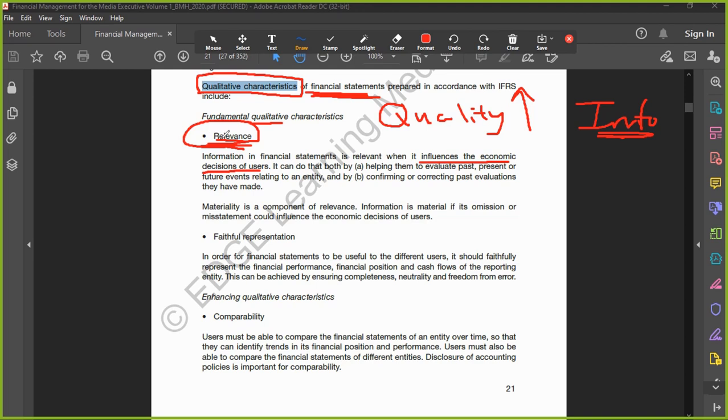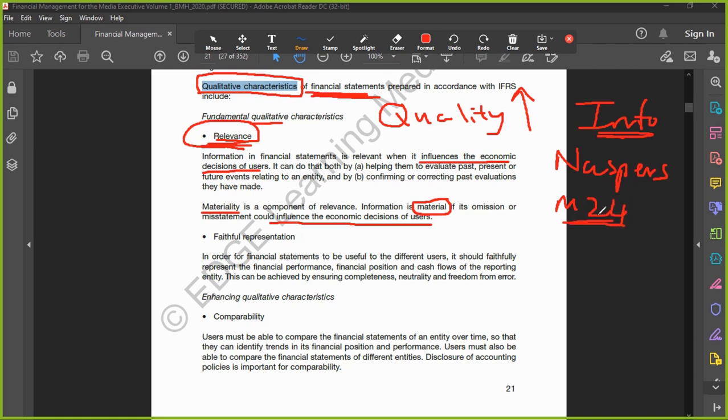Something else that's also described under this concept of relevance is the word material, or materiality. If something is material, we're looking at something that's going to affect or influence economic decisions. A simple example: let's think about a large company like Naspers, or even something smaller, maybe Media24, a smaller subsidiary of Naspers.